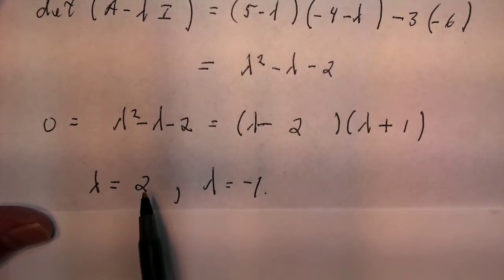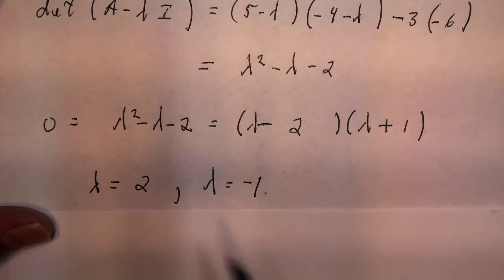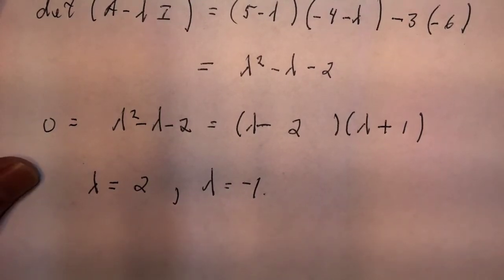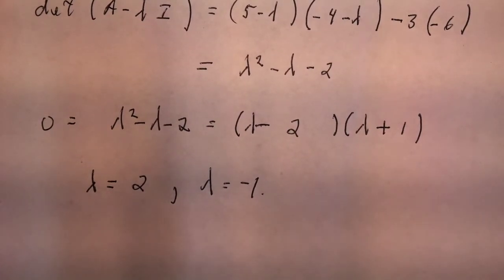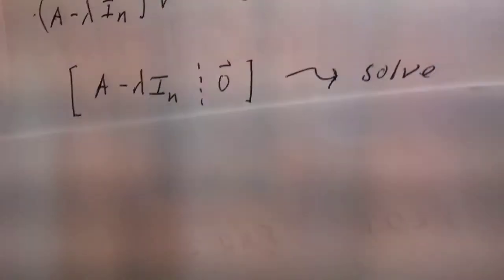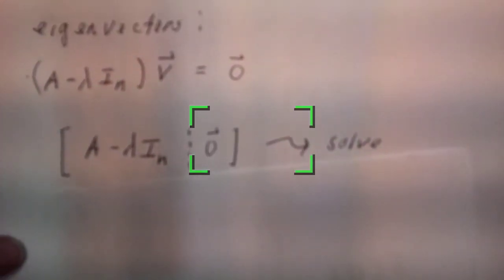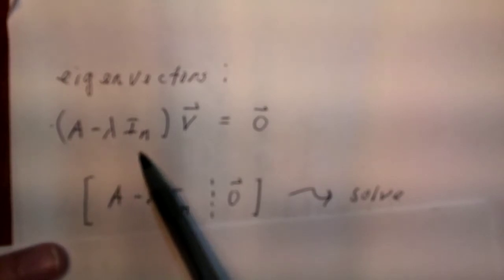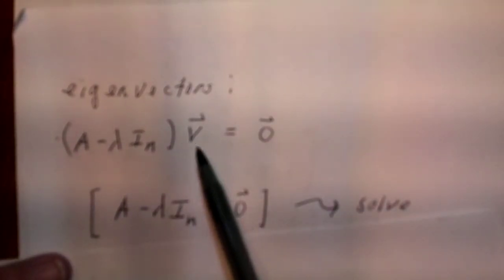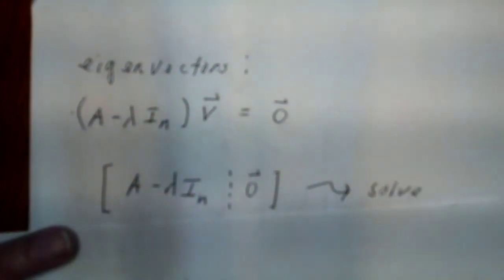Now let's focus on the first eigenvalue, lambda equals 2. Now we know from a few minutes ago that A minus lambda times the identity, times the vector V, has to be the zero vector.